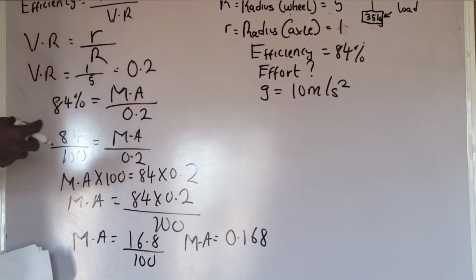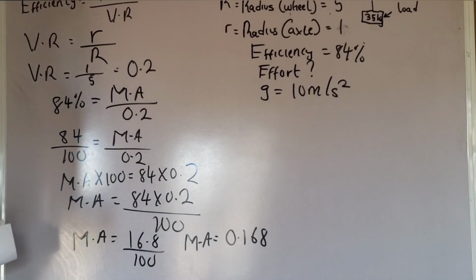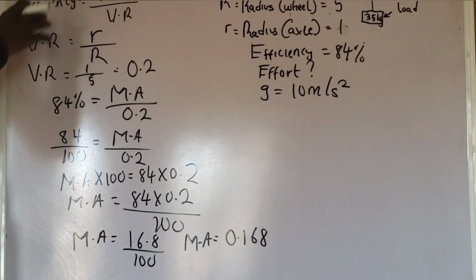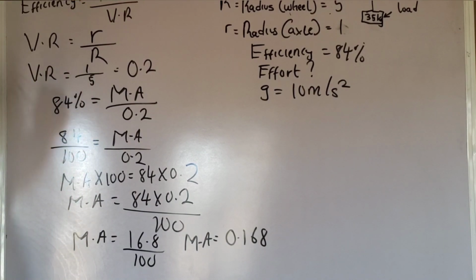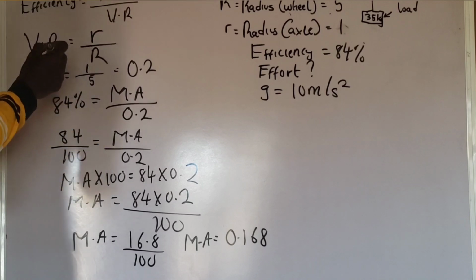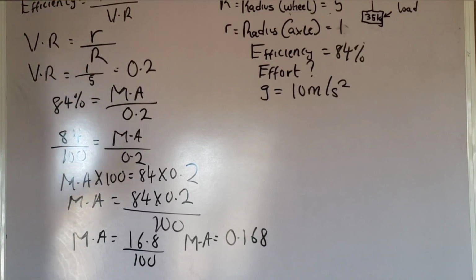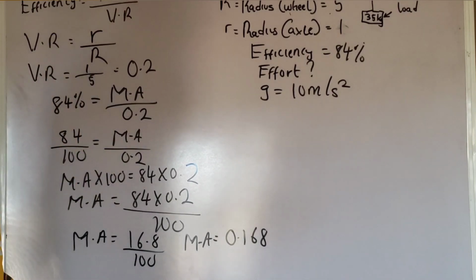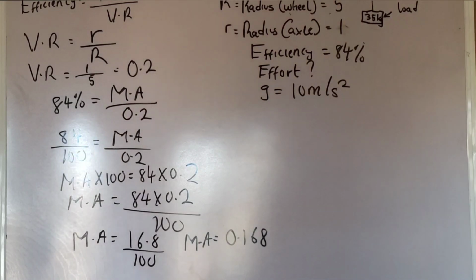Now, having known that the mechanical advantage equals 0.168, I can easily calculate the effort. You know, the relationship between mechanical advantage and effort is that mechanical advantage equals load over effort. And the load that we are given in the question is 35 kilogram.